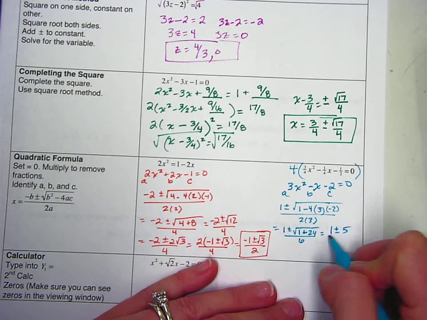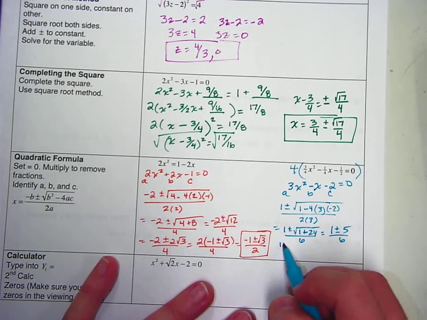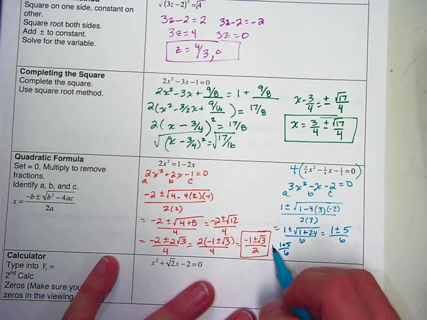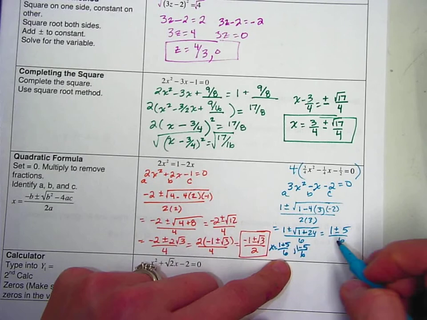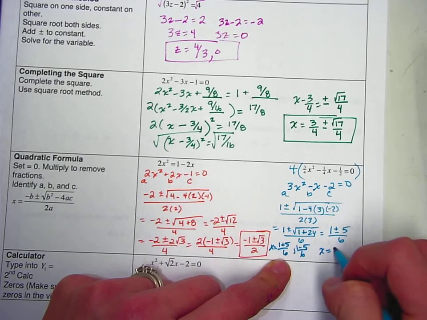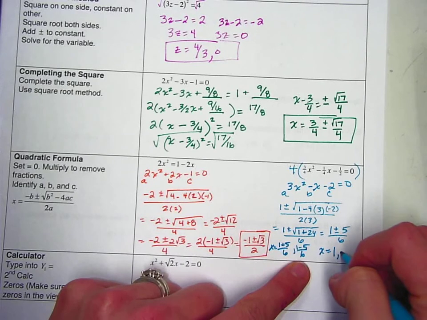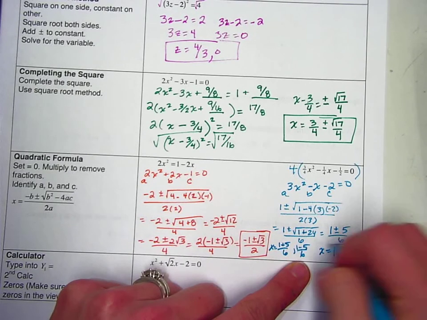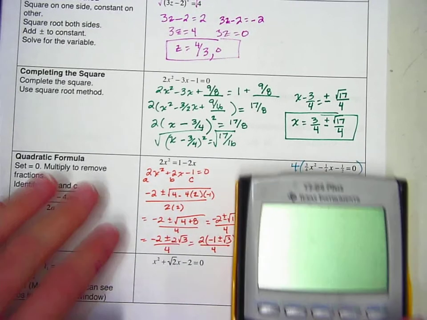Now you need to be careful here because we can actually evaluate this. This is 1 plus 5 over 6, and it's also 1 minus 5 over 6. So 1 plus 5 over 6 is 6 over 6, so x equals 1. 1 minus 5 is negative 4 over 6, so that's negative 2/3.